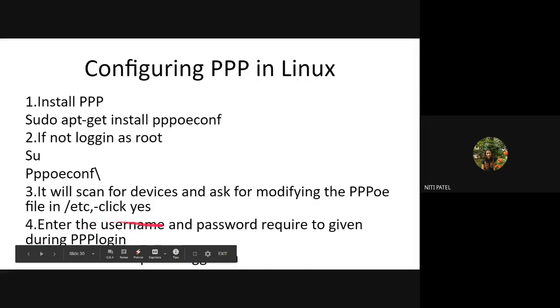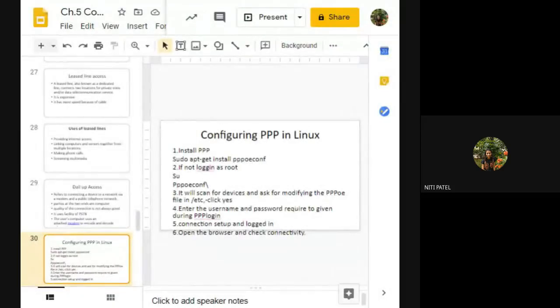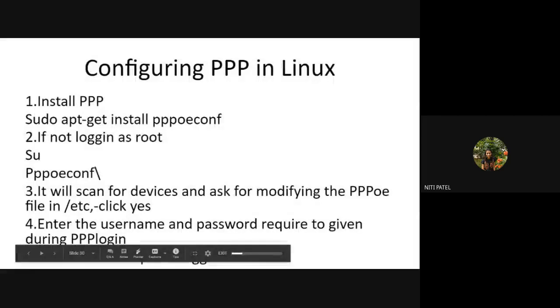After this, it will ask you to enter the username and password that has to be used during the PPP login. You have to set a username and the password. Why are this username and the password set? They are set so that whenever you open the internet connectivity on your computer, it will first ask you for the login and the password.